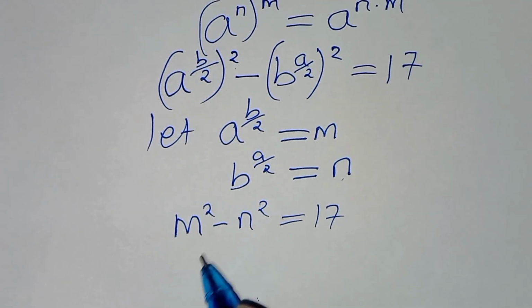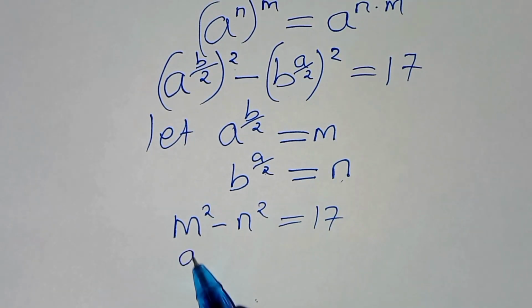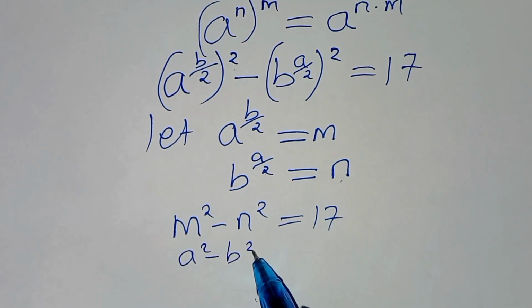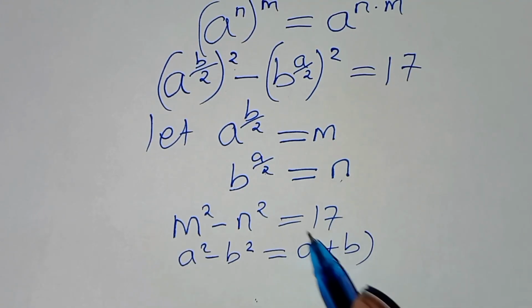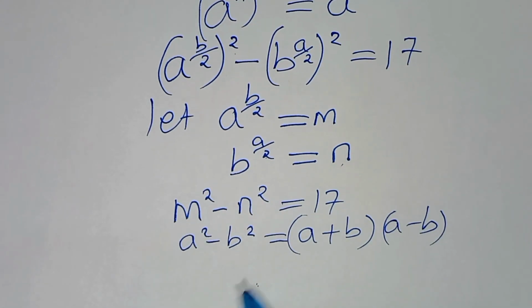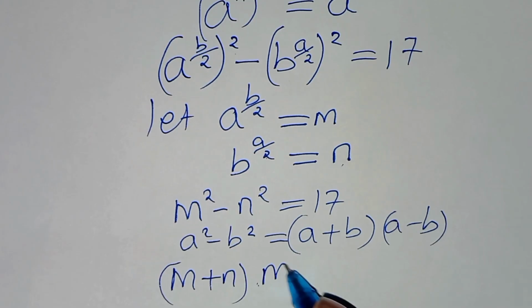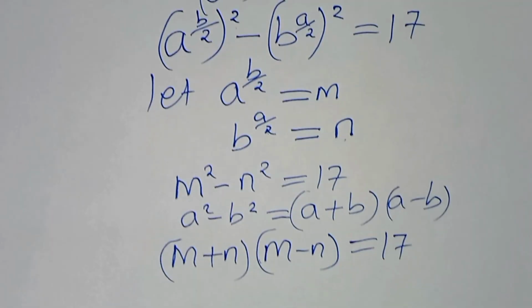If you recall, m squared minus n squared is in the form of a squared minus b squared, which we can express as a plus b times a minus b. So in this case, we'll have m plus n times m minus n, equal to 17.